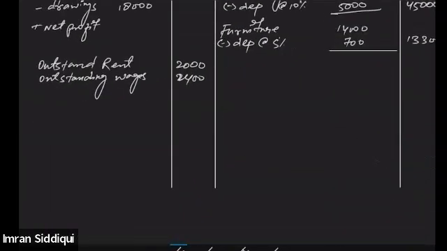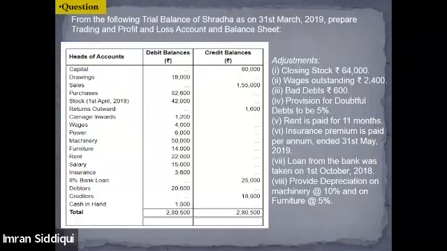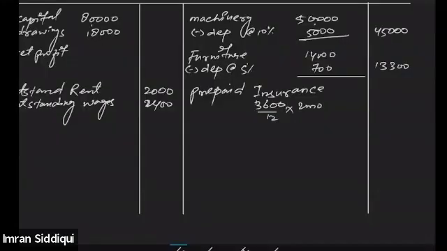And the extra amount that we paid will be recorded here as prepaid insurance in the balance sheet on the asset side. Total 600, 300 into 2 months.